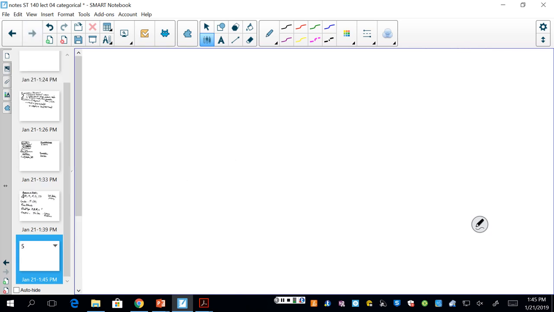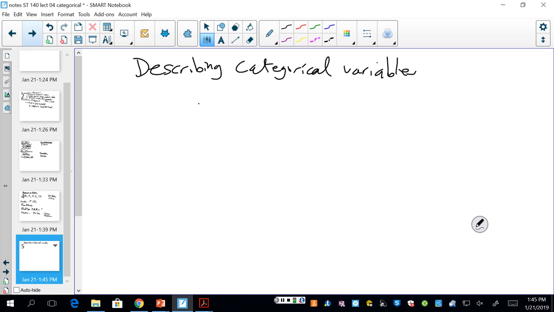How do we describe these variables? It's, at face value, not overly complex. You can do the count by category.